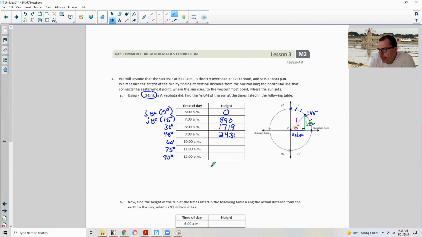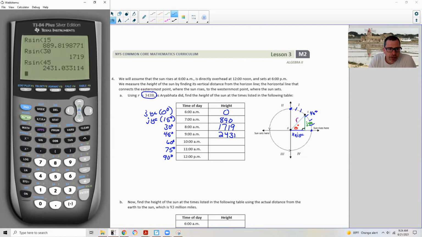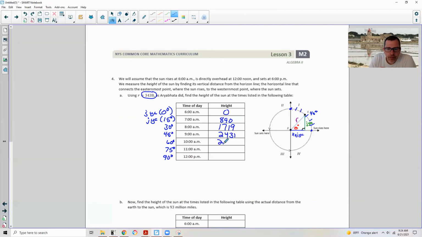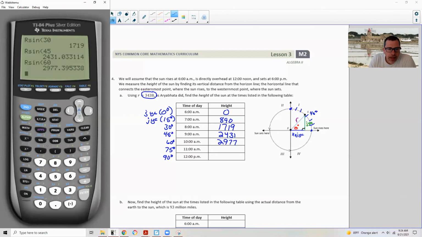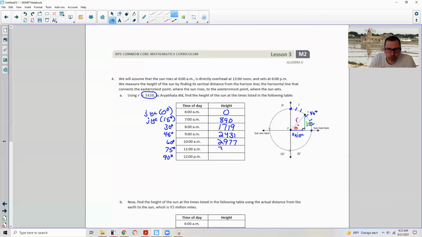Okay. And then after that, we're going to do r sine 60, alpha r sine 60. And that is going to be 2,977. And then alpha r sine 75 is going to put us at 3,321.